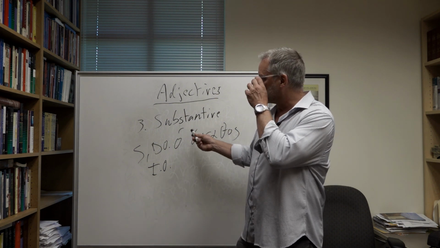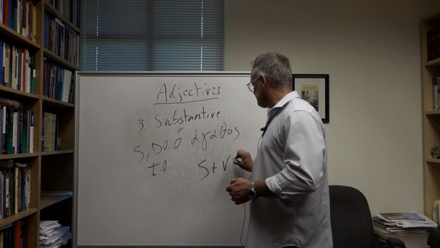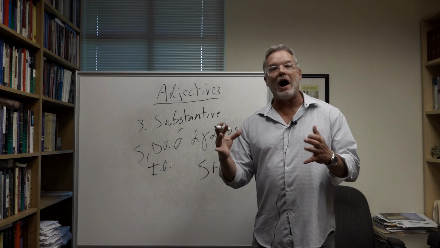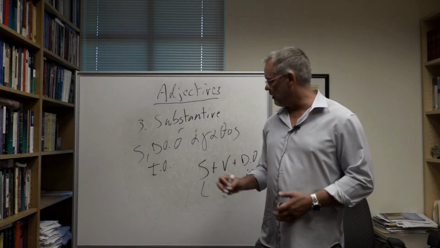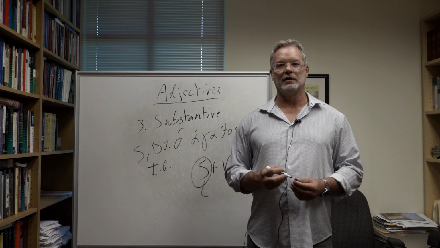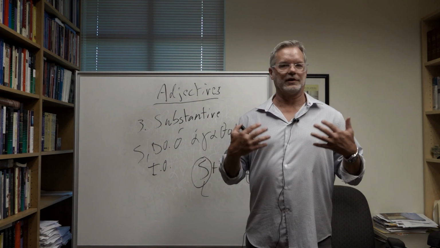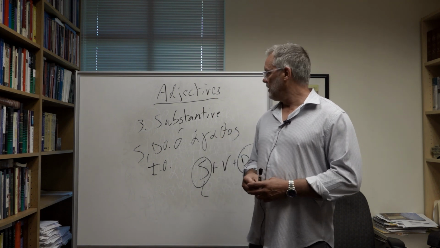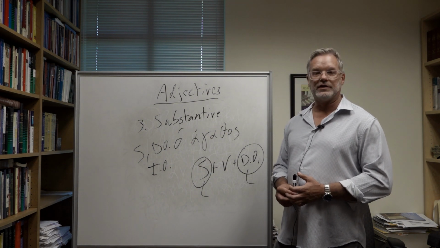And it will actually fill, again, to use the example, instead of filling the modifier container, to use the little branches that come off, it will actually fill the noun container in a clause. It'll be the subject or the direct object or, again, indirect object or whatever as determined by the case. So that is the substantive use of the adjective, ho agathos.